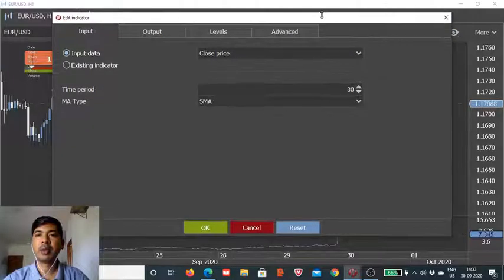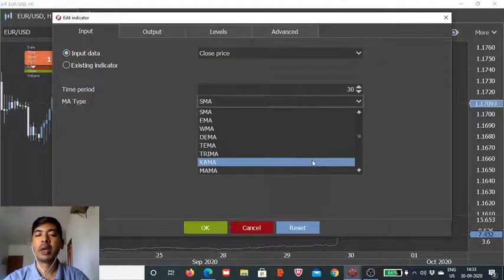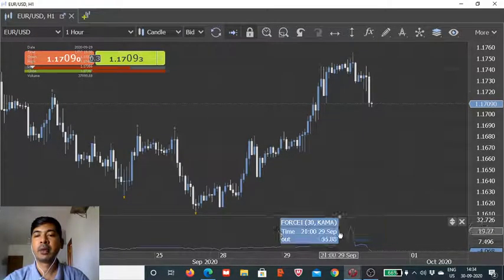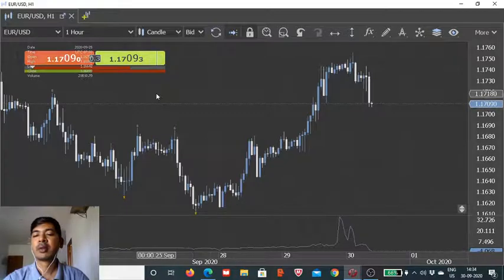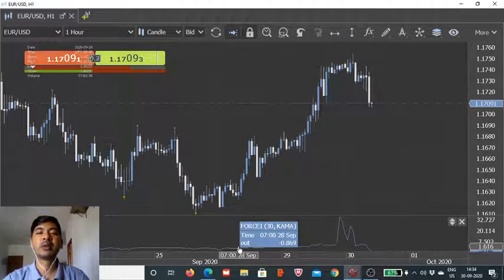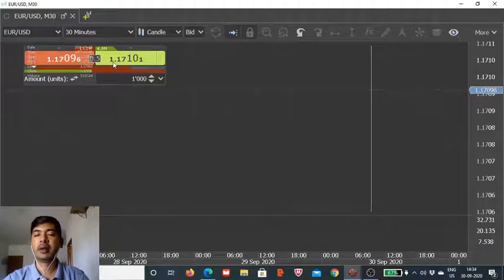For example, SMA to KAMA, and here the KAMA is showing a great deal of difference compared to what we were looking at when using the SMA.